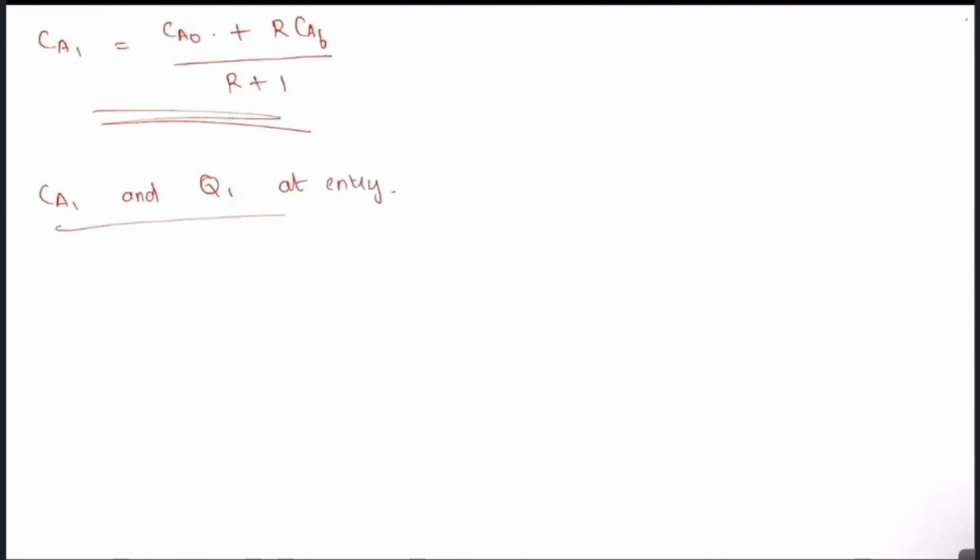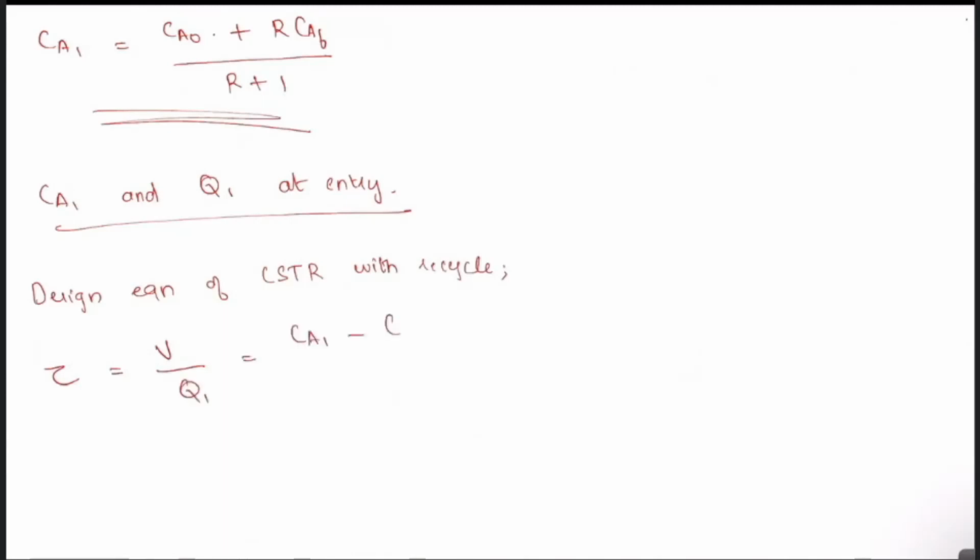Right. So we'll come back again to the design equation. Design equation of CSTR with recycle. So that design equation was basically tau is equal to V by Q1 is equal to CA1 minus CAF by K CAF. Right. Now what we'll do is substitute Q1 and CA1 in the design equation.